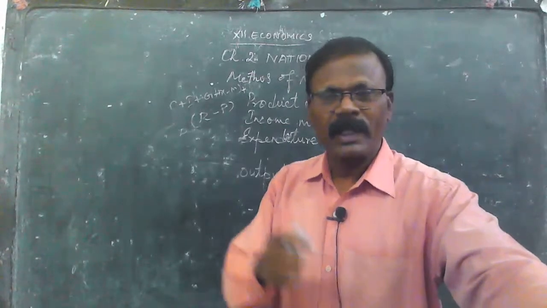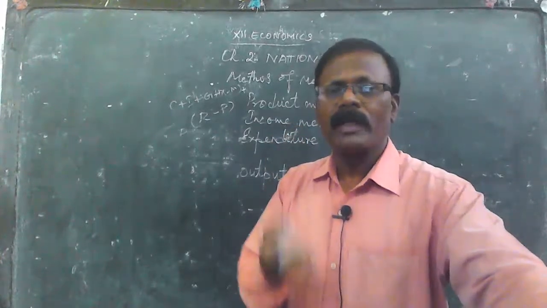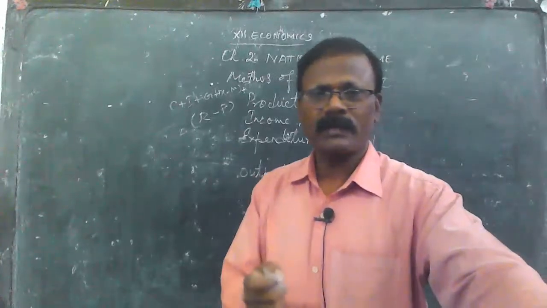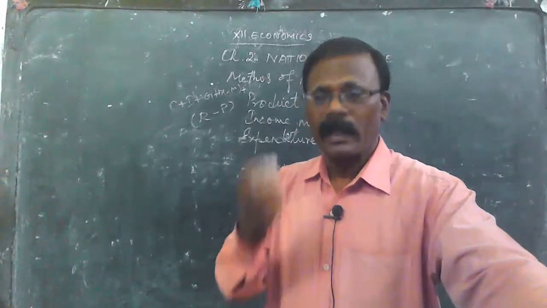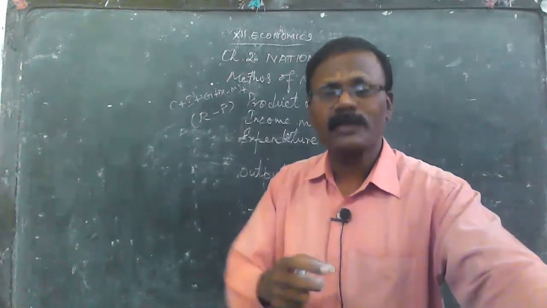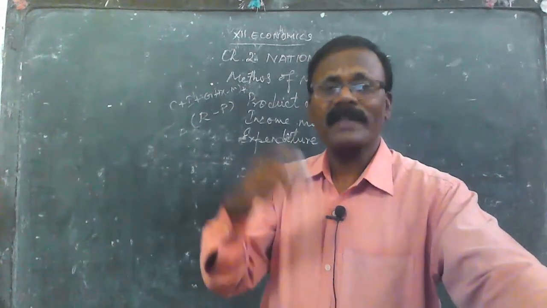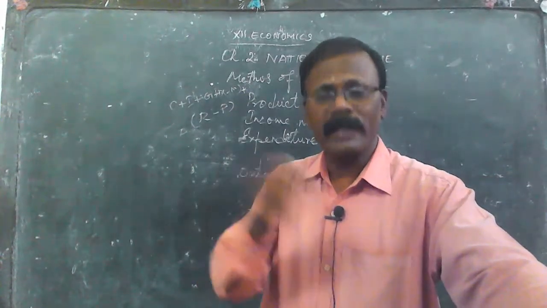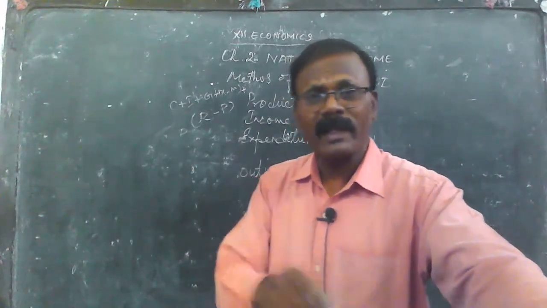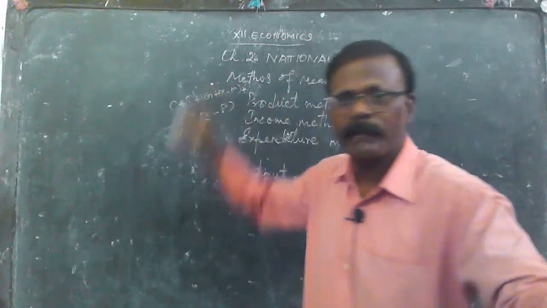That is the difference between the income received by the normal Indian residents and the factor income payments made to the foreign residents for factor services rendered by them in the domestic territory, that is in India. That is R minus P.